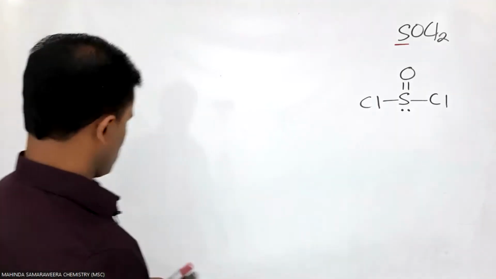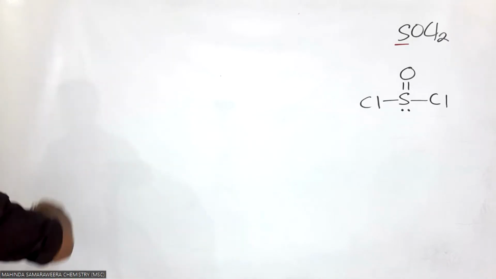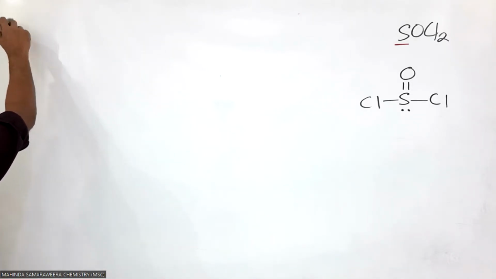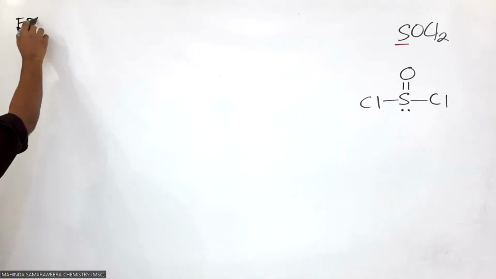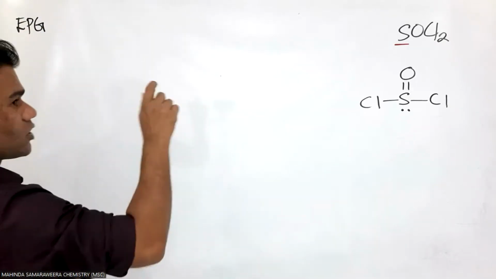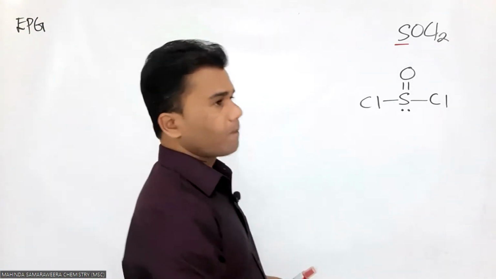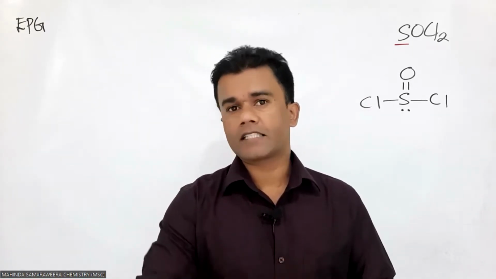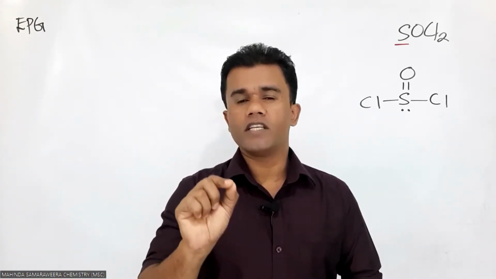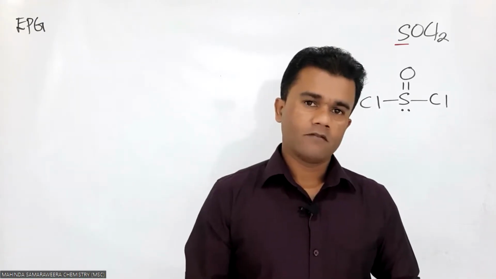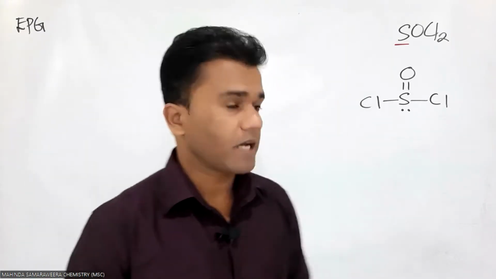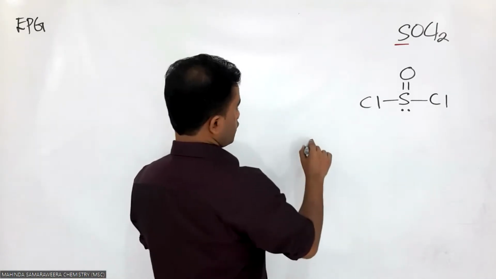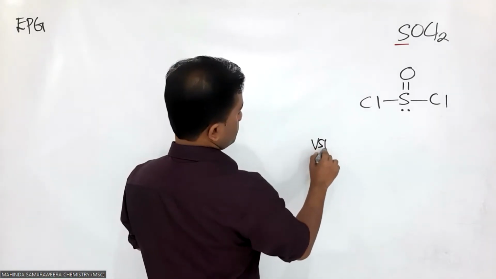Thereafter, we can go for the electron pair geometry. I take it in short form. Electron pair geometry is the first column in your answers. But how do we predict the electron pair geometry? We predict it according to VSEPR, valence shell electron pair repulsion.